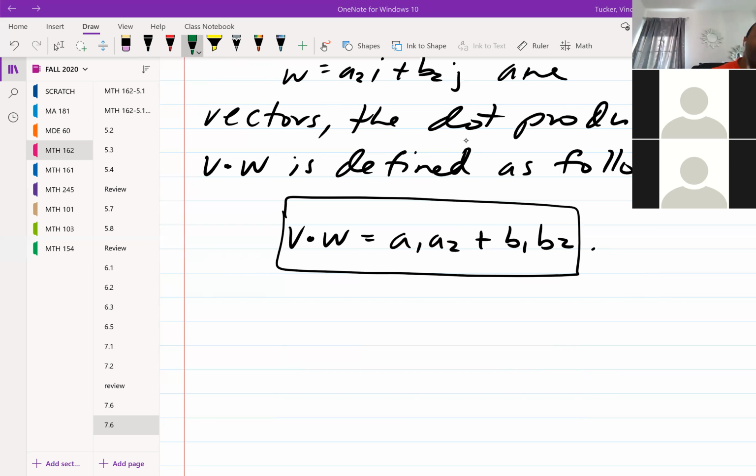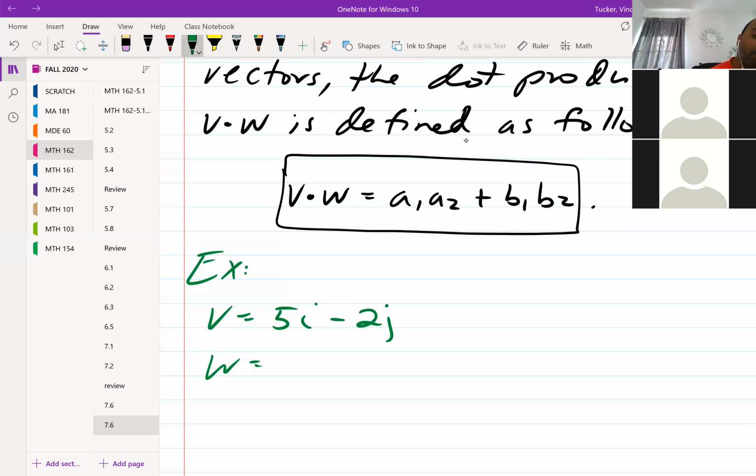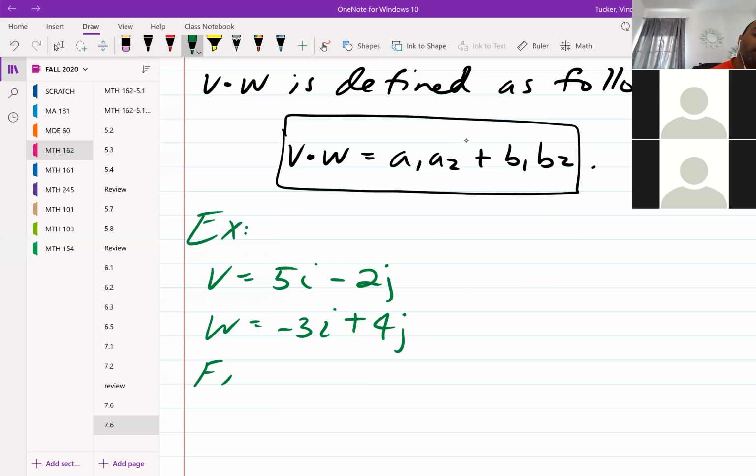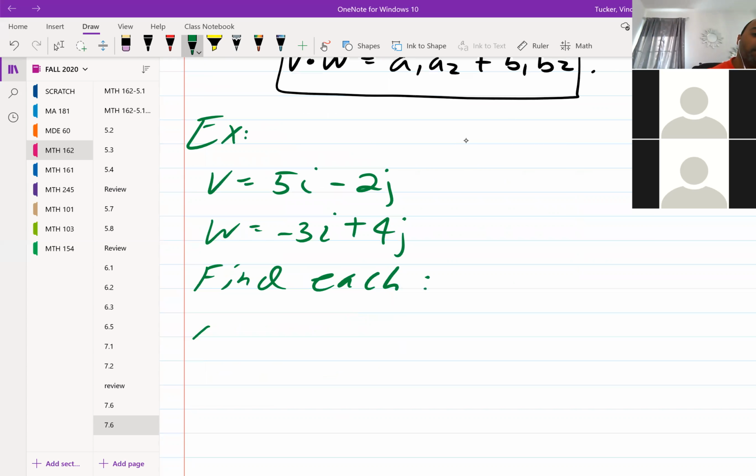All right, so let's get an example. V is equal to 5I minus 2J. W is equal to negative 3I plus 4J. They tell us to find V dot W. I'll go red.